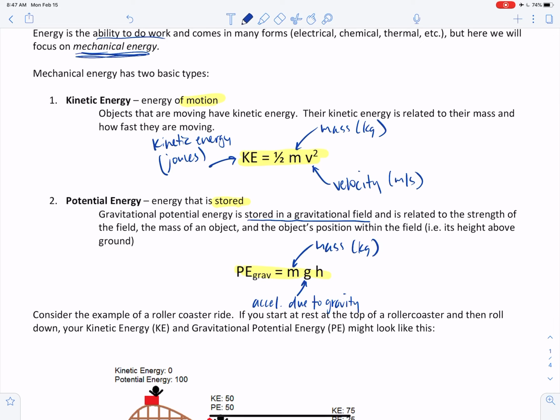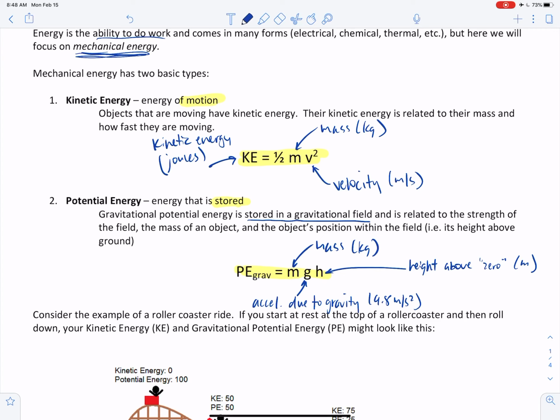For the Earth, that's 9.8 meters per second squared. So we're going to be using that mostly for lowercase g. And then h is the height above some arbitrarily assigned zero height point. So height above, quote unquote, 0. You get to decide where 0 is, but that height is going to be measured in meters.